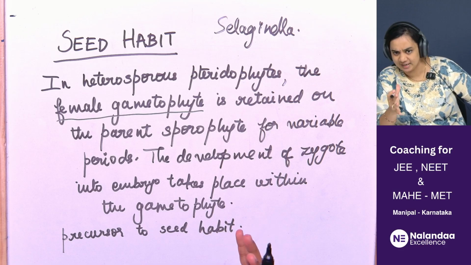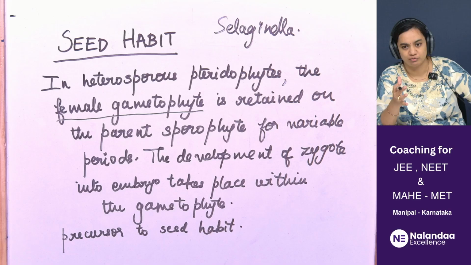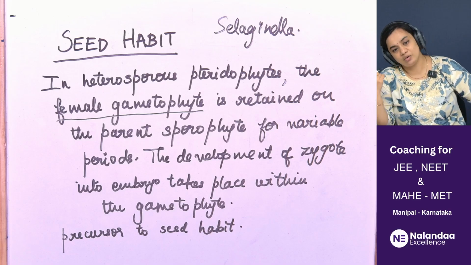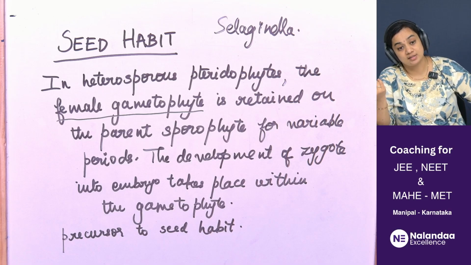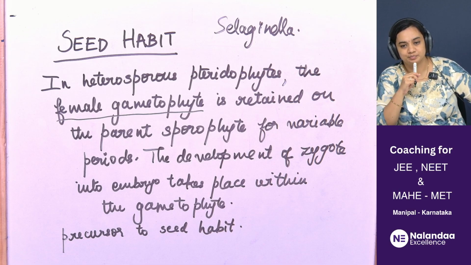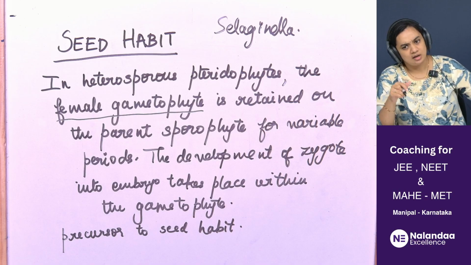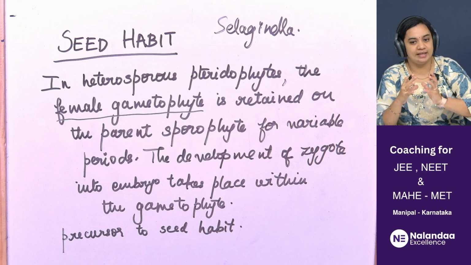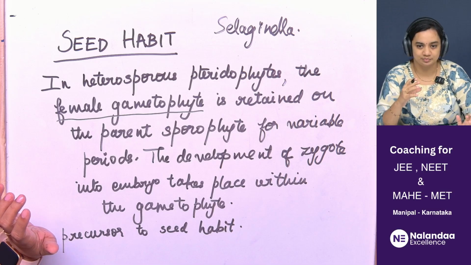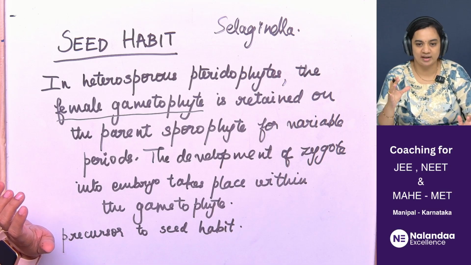It is retained on the parent sporophyte itself. And look at the female gametophyte. What is the female gametophyte in angiosperms? Within the ovule, we have the embryo sac, right? Which contains the 7-celled 8-nucleate structure. Now, that is retained indefinitely on the sporophyte. It never leaves the sporophyte at all.